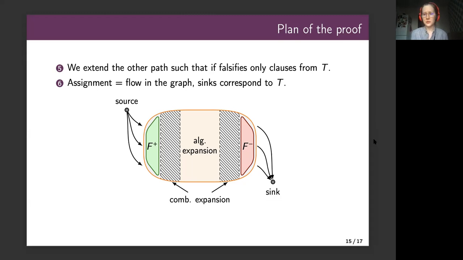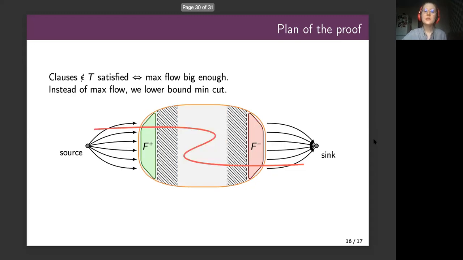So now we have sources, we have sinks, and we just need to assign flow to other vertices in such a way that everything else is balanced. Basically, we just need to direct the flow from sources to sinks. And we can reduce this problem to a problem of maximal flow in the graph.